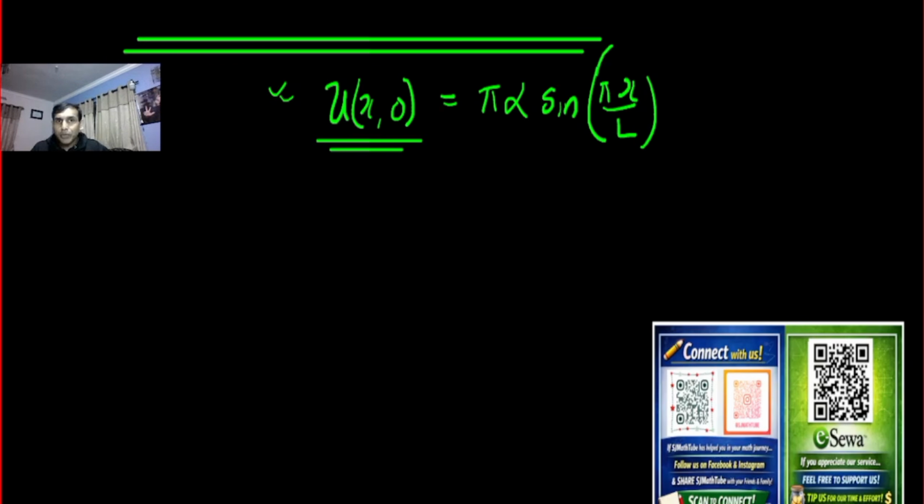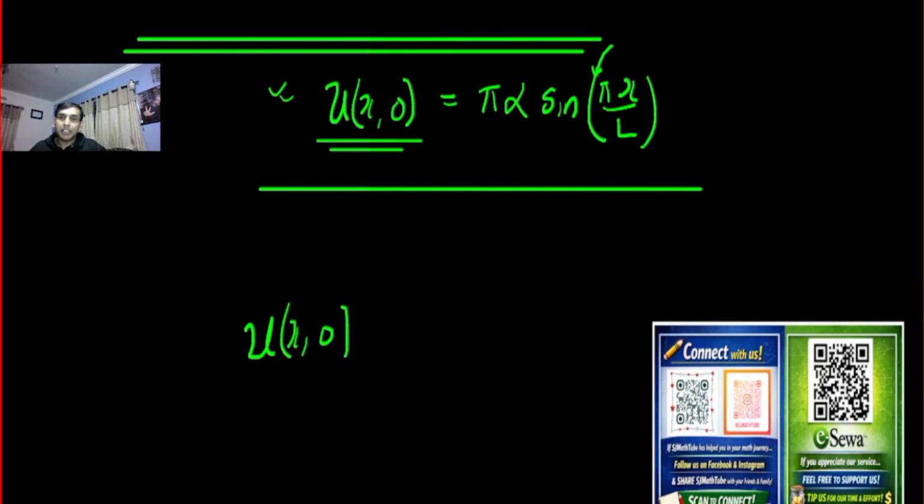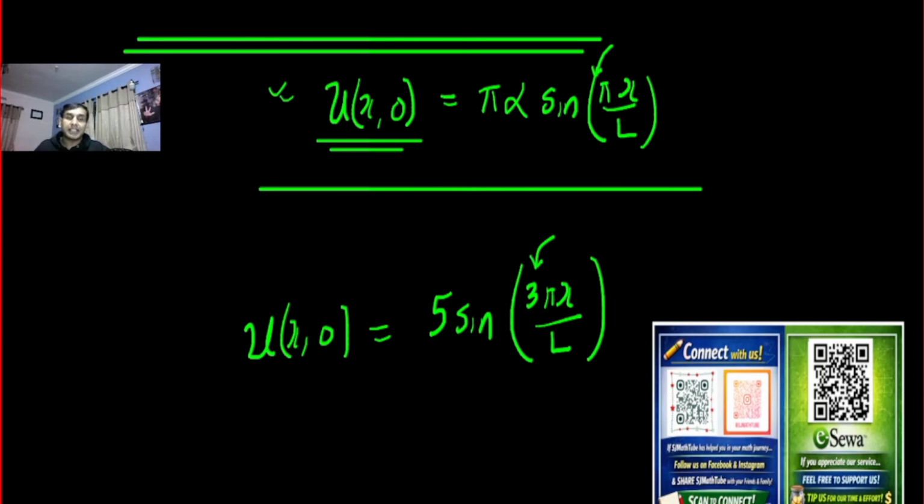So all you have to do is observe the number here. I'll give you another thing. In another problem, imagine the initial condition looks like 5 sine 3 pi x by L. So you have to look at the node. In such cases, you just write a1 equal to pi alpha, this part. And here you can write a3 equal to 5, because it's a third node.